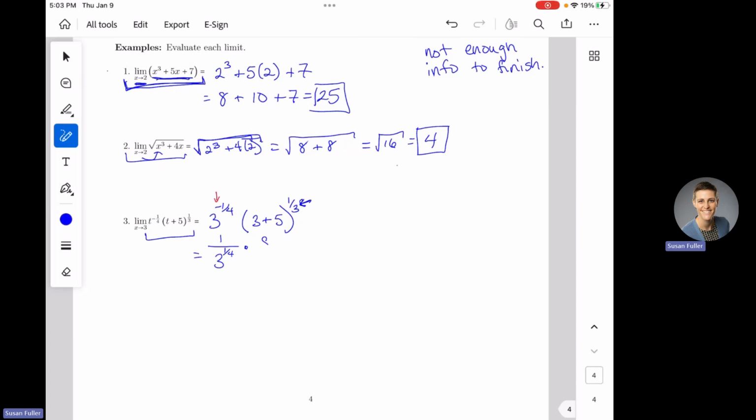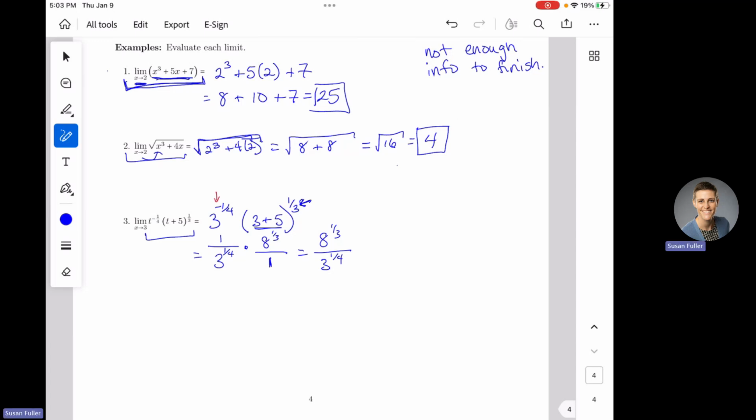So I'm going to keep that 8, right? I just simplified 3 plus 5 to the 1/3 power. I'm going to keep it on top, and I'm going to put it over 1 so that my brain keeps track of what's on top and what's on the bottom in these fractions that are being multiplied. So I have 8 to the 1/3 over 3 to the 1/4.